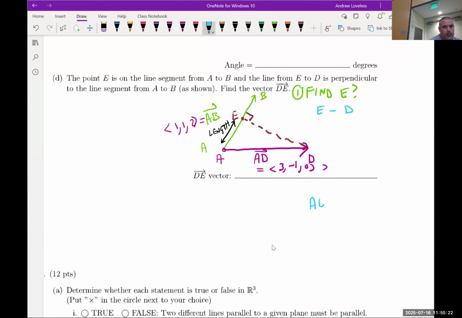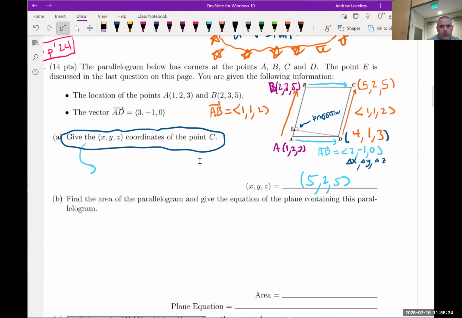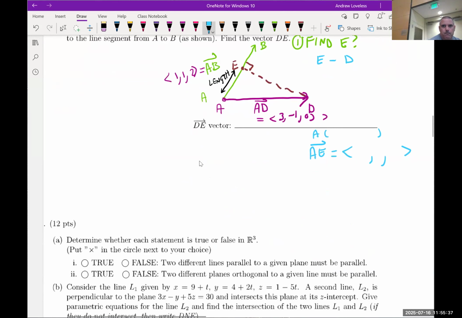You could find the vector EA. I don't think this is what I did in my solutions. You could find this vector, using the fact that you know what A is. A was 1, 2, 3. So if we could figure out what this is, and this is, and this is, then you could figure out what E is, because you could just add this, just like we did in part A. That strategy is kind of direct because AE actually has a name.